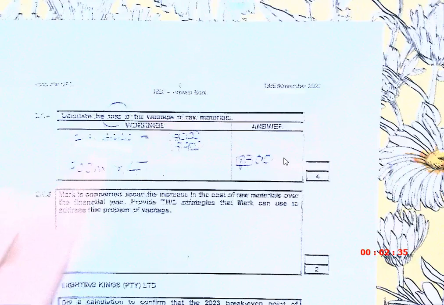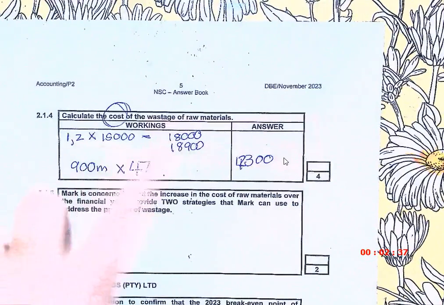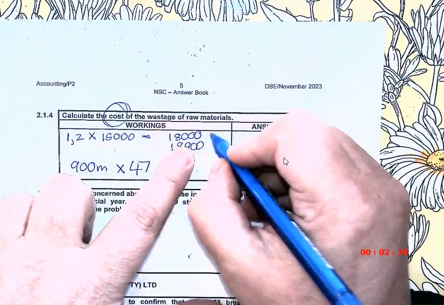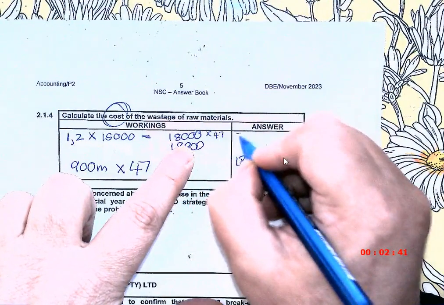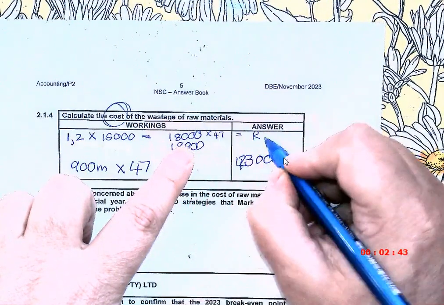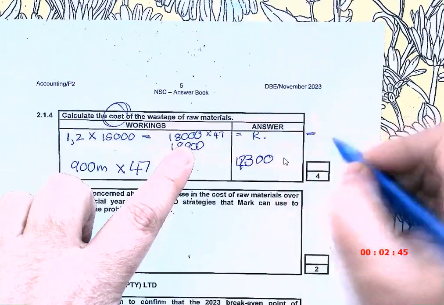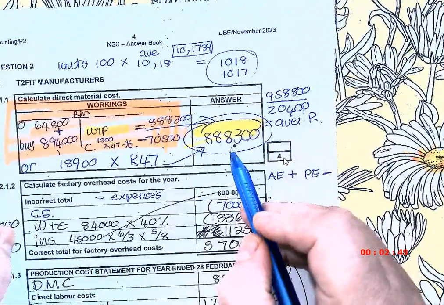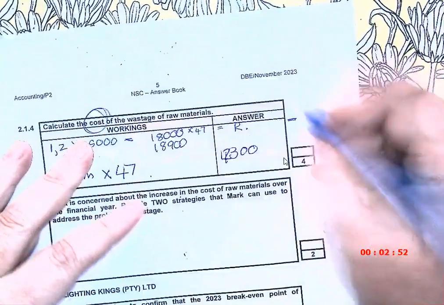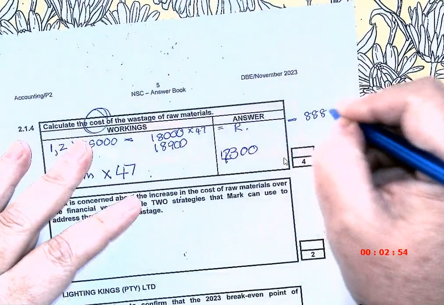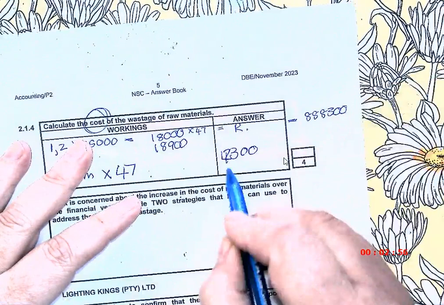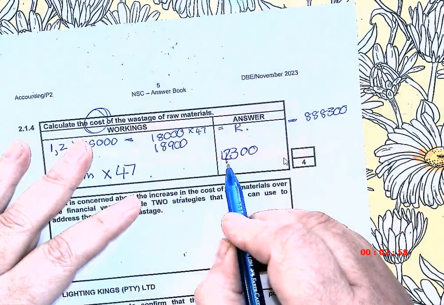Another way you could have done it is you could have said, oh, you know what? That 18,000 times 47 gives me the amount that I was supposed to use, less the amount that I got here, the 888,300. And then I would also get 42,300.